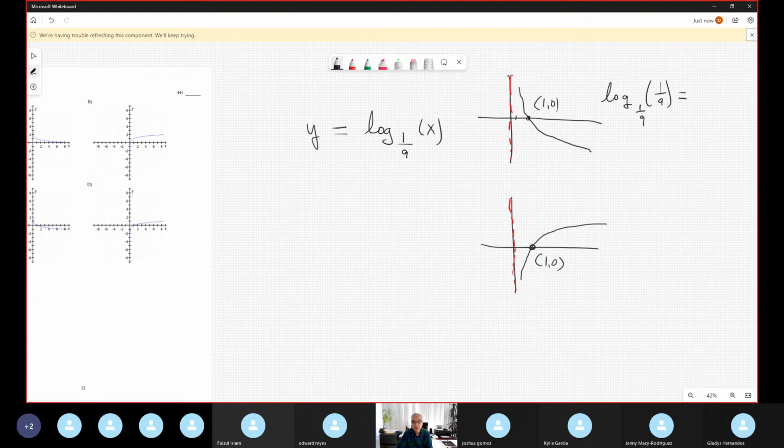It's 1. Is it positive or negative? It's positive. However, logarithm base 1/9 of 9, where 9 is the reciprocal of 1/9. Do you see that it's negative? It's negative 1. Makes sense or no? Yeah.